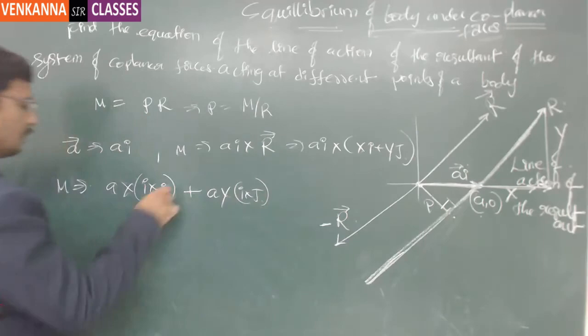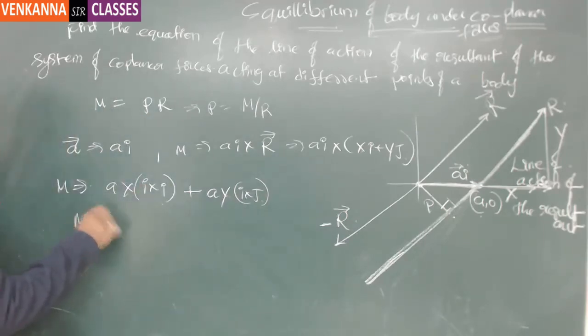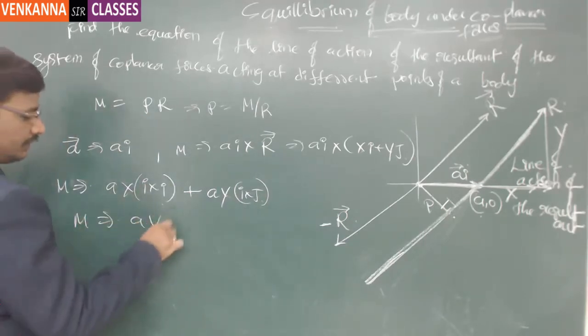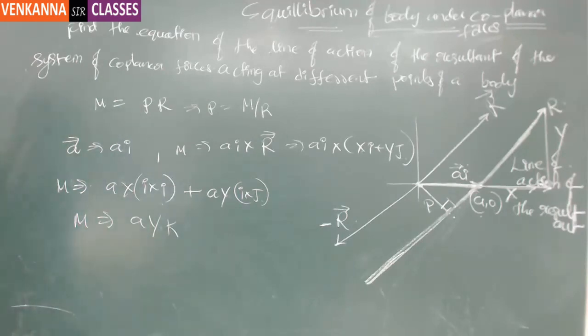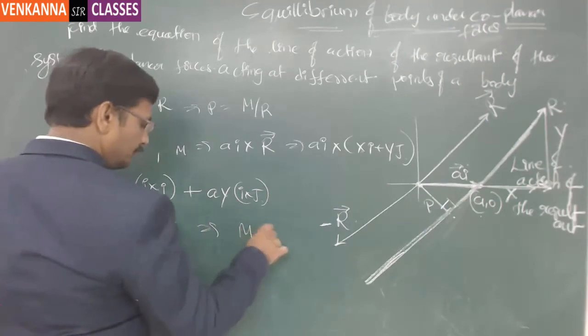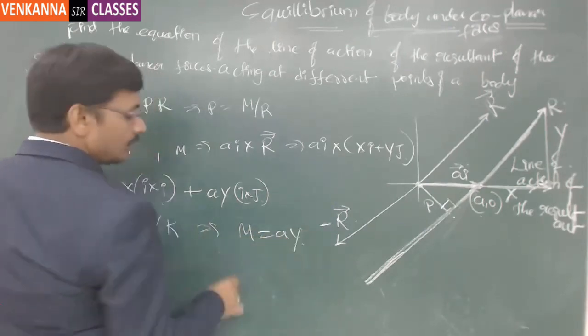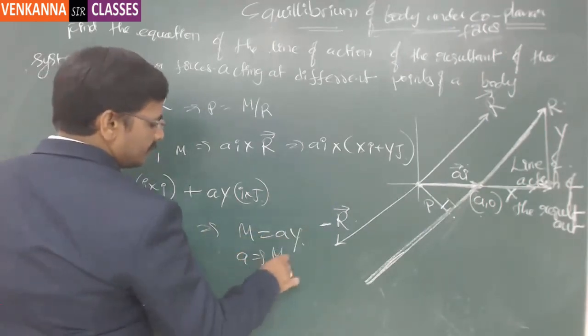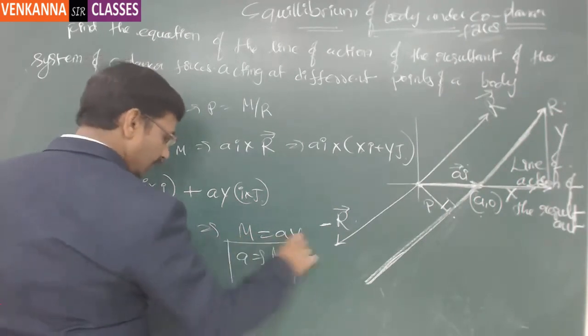So i cross i will be 0, and M is equal to Ay into k. So this is the moment. If you take the magnitude, M is equal to Ay, or A is equal to M by Y. This is how you can write the magnitude.